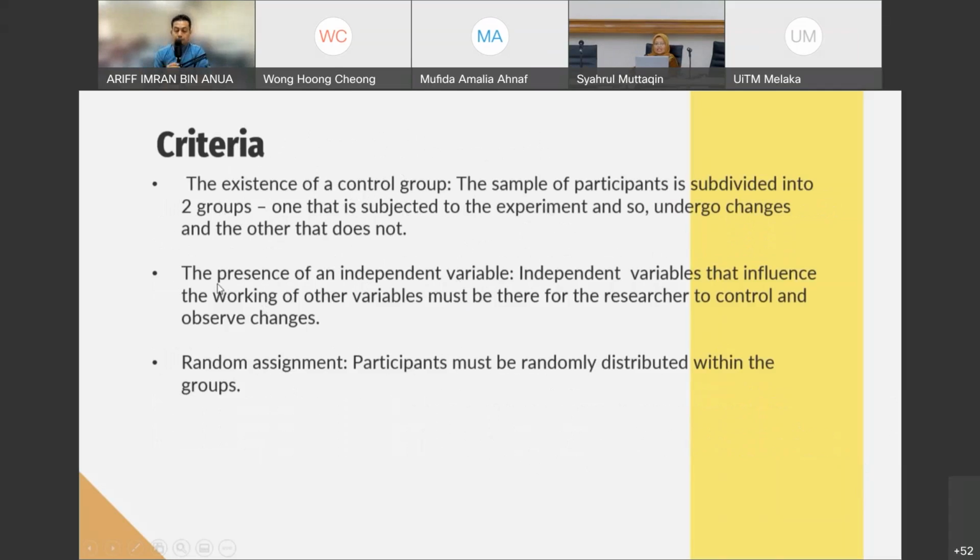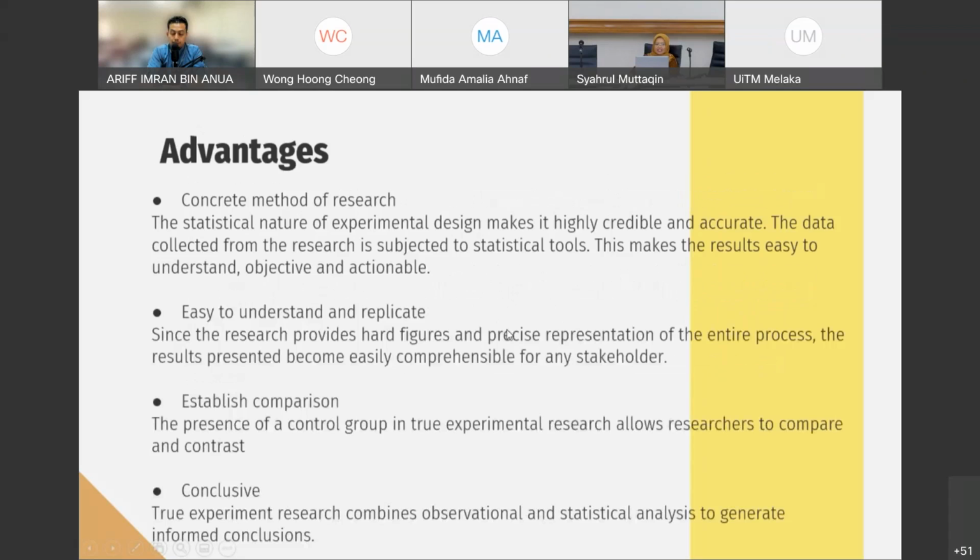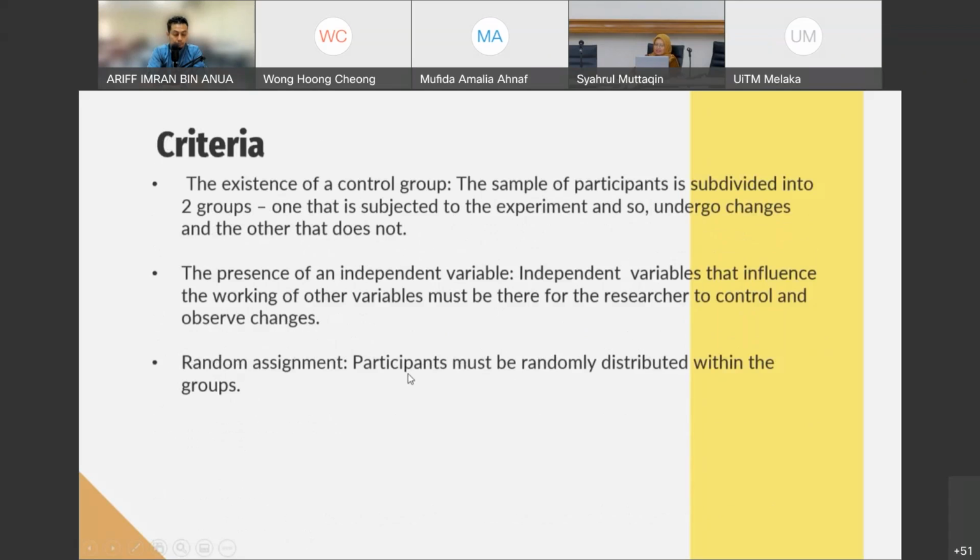And then the presence of the independent variable. That is the variable that influence the working of other variables. Yeah. And then random assignment. What does it mean?